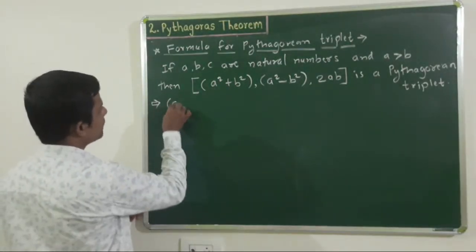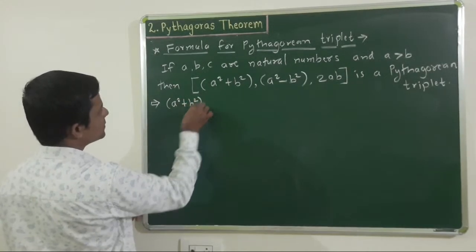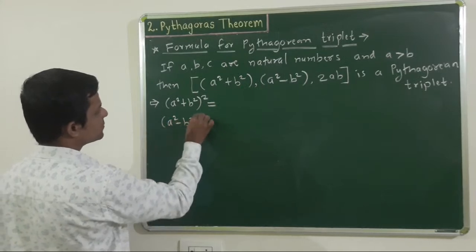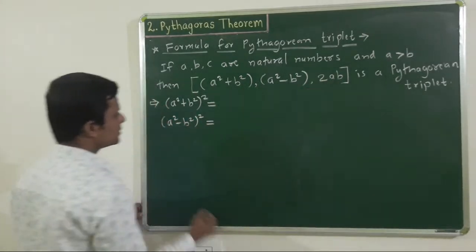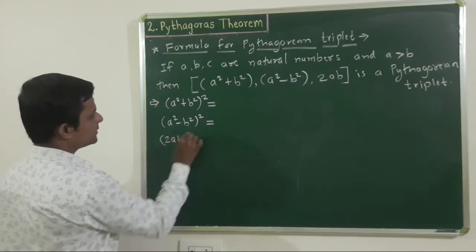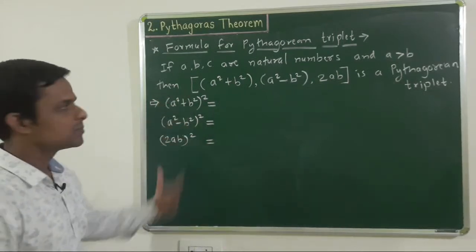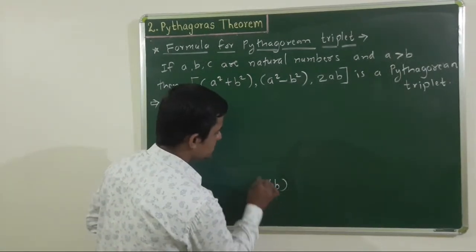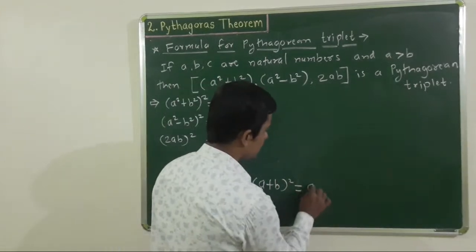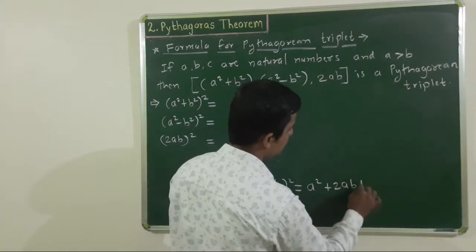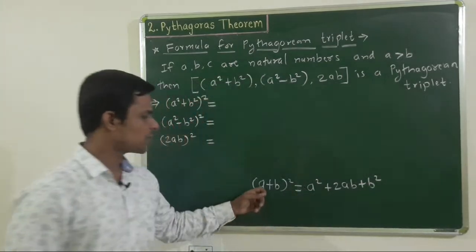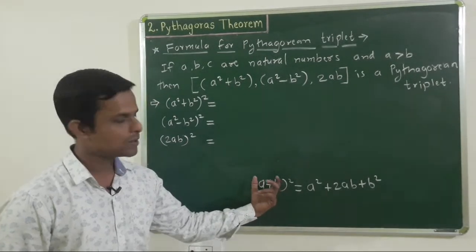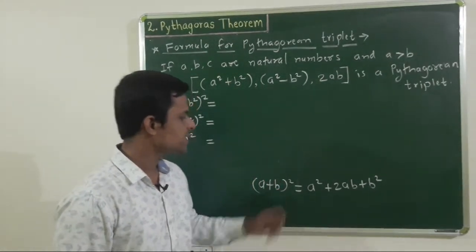Now the square of the first number is (a square plus b square) whole square, the square of the second number is (a square minus b square) whole square, and the square of the third number is (2ab) whole square. We'll find the squares of all these three numbers first. Now (a square plus b square) whole square: we know the formula for (a plus b) whole square is a square plus 2ab plus b square, that is the square of the first term plus twice the product of the two terms plus the square of the second term.